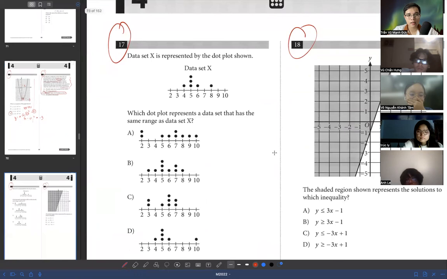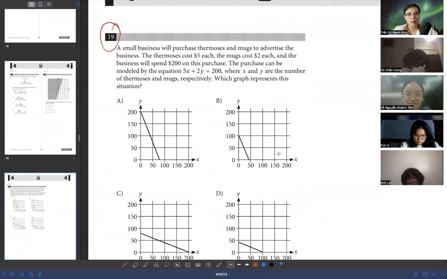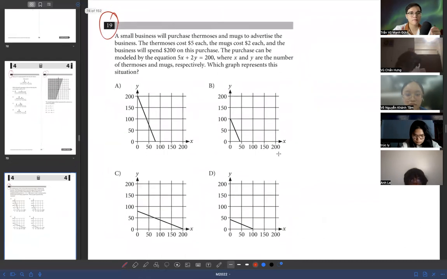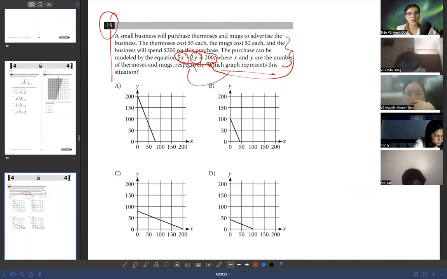Next, let's see. This is quite easy. Let me do this one. When you encounter this question, you just have this equation. This is very lengthy, I'm not going to read through it. This equation is precisely describing a graph, and they're asking which graph is this equation. If you have x and y, what do you have to do?